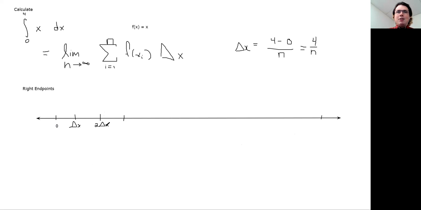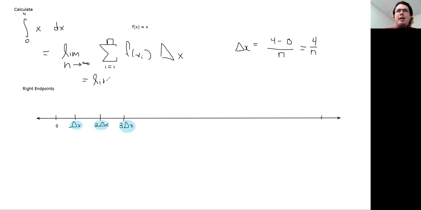The third rectangle goes from 2 delta x up to 3 delta x, and so on. So if I want right endpoints, the right endpoint of the first rectangle is delta x. The right endpoint of the second interval is twice delta x. The right endpoint of the third rectangle is 3 times delta x. So that makes this a very handy thing to compute.